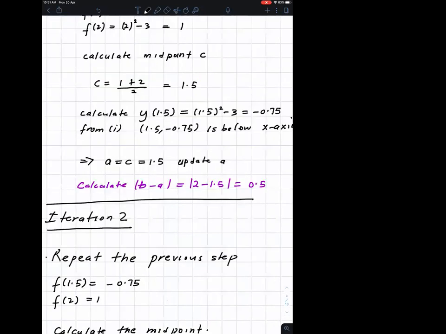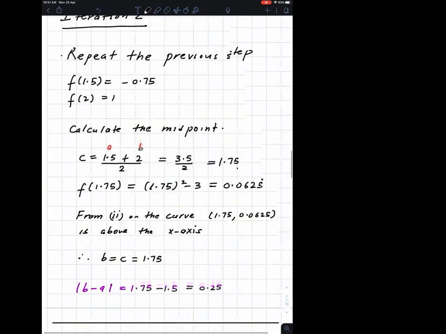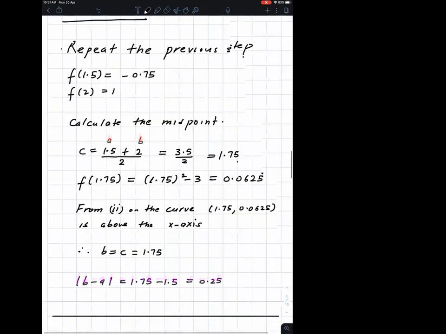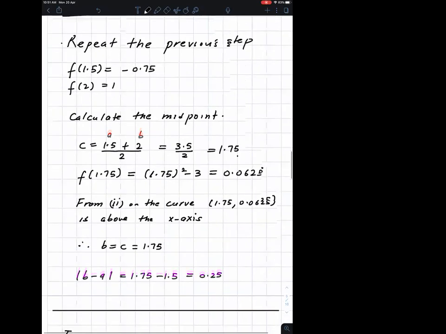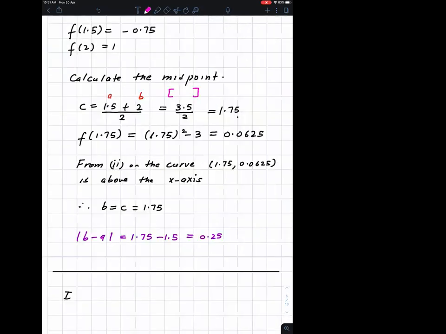After calculating the new interval, that means our C is going to change. For the new interval, you take 1.5 here, and this is the same one.